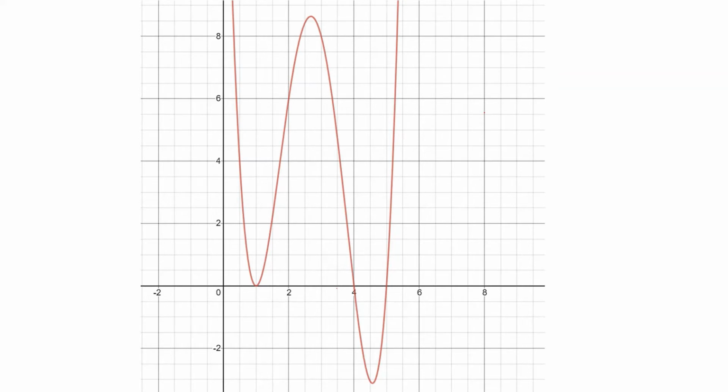Here's a graph of a function. Let's say we are trying to find the average value of this specific function. How would we do it? Well, the strategy we're going to use is split it up into intervals. So I'm just going to draw some quick ones.